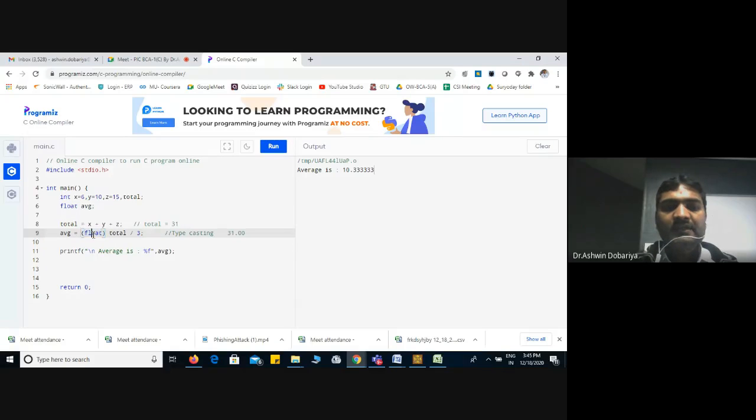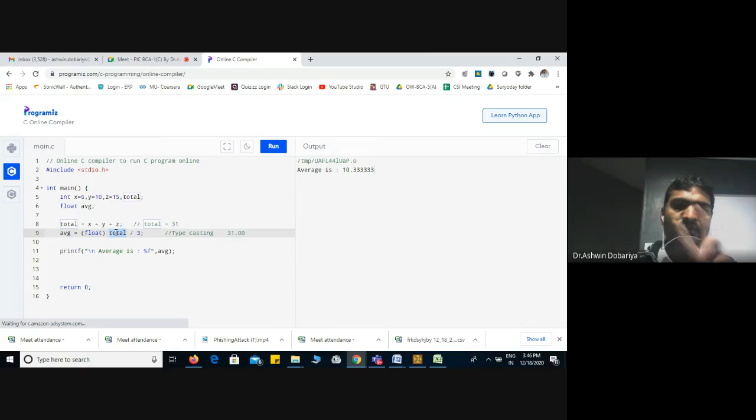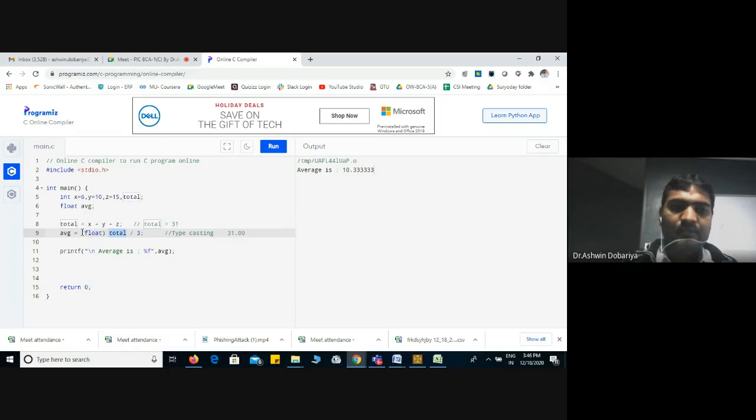Right now total is an integer, and if you mention float, it means the total value will be converted into float.